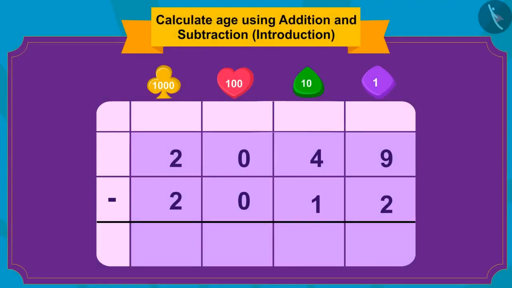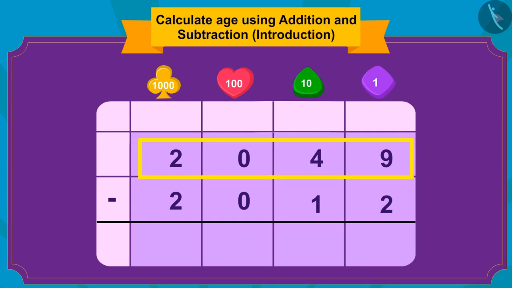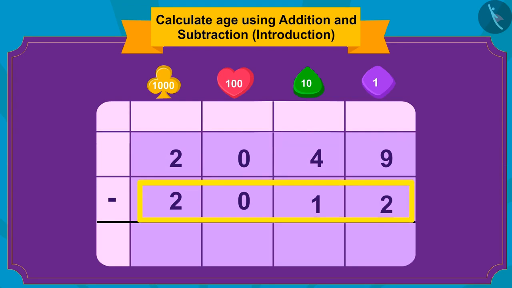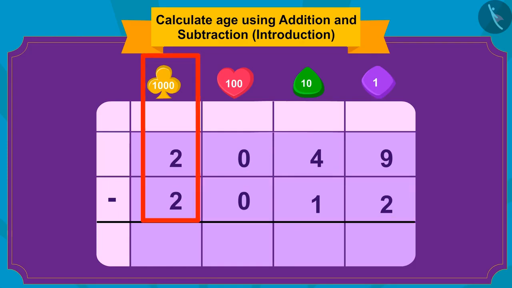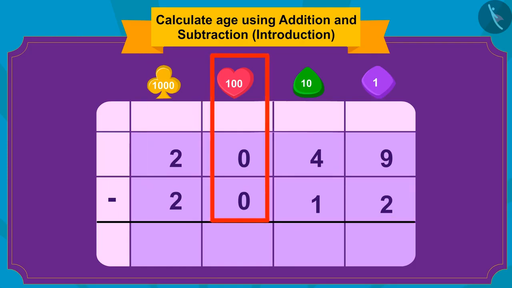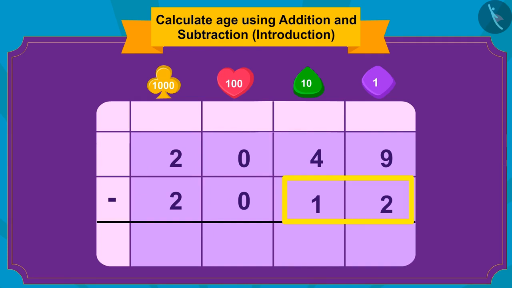2049. Children, do you know the process of doing this subtraction quickly? Since in 2049 and in 2012, 1000 and 100, the numbers 2 and 0 are exactly the same, we can do the subtraction by subtracting 12 from 49.